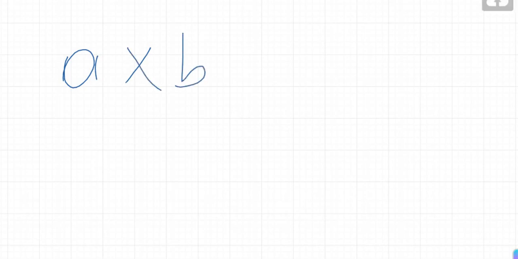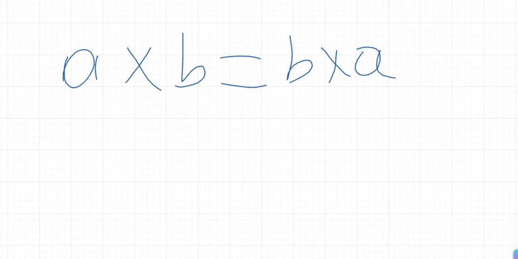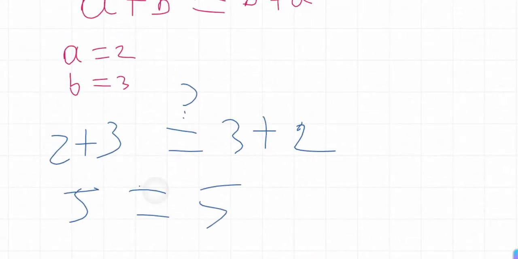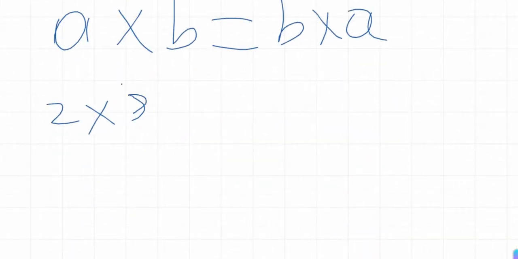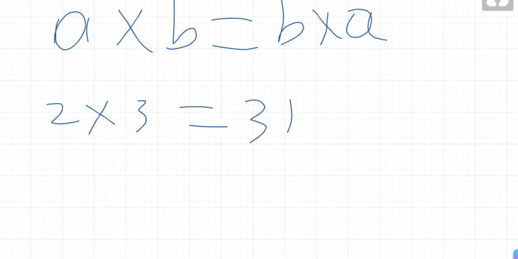So by the same idea, A times B, and say B times A. Well, if we use the same values, A was 2 and B is 3, we say 2 times 3 equal to 3 times 2.